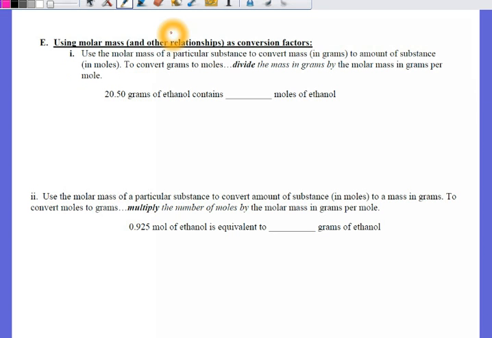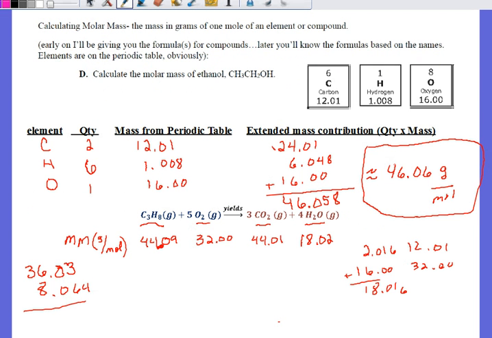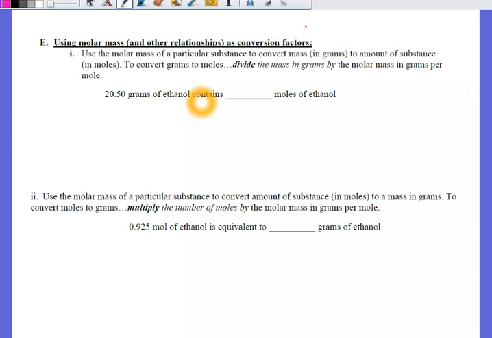So using the molar mass to help you determine other things about chemical procedures and stuff like that is very important. On our previous example, when you had to calculate the molar mass of, say, ethanol, now we're going to use that 46.06 grams per mole as a conversion factor.